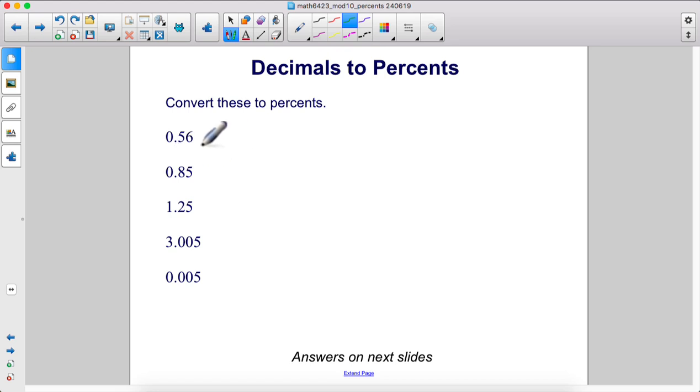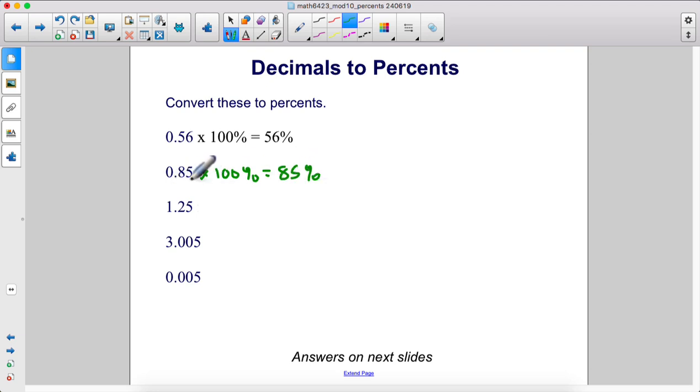Let's convert these to percents. Once again, we just multiply by 100%. So it's going to move the decimal 2 places to the right. 56%. 0.85 times 100%, 85%.